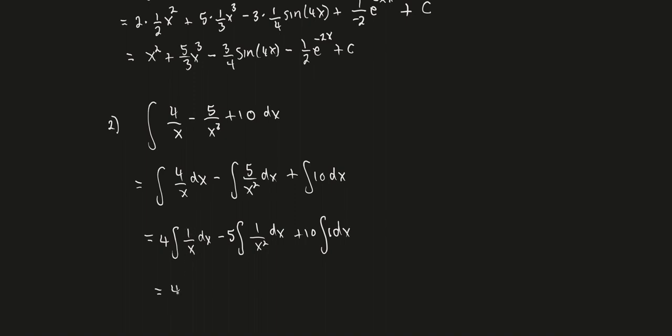So this will be 4 times the natural log of x. Now for this one, you have to be careful. This is no longer a natural log because this can be rewritten as a power function where the power is not equal to -1. It's only when the power of your power function is equal to -1 that you end up using the natural log as your antiderivative.